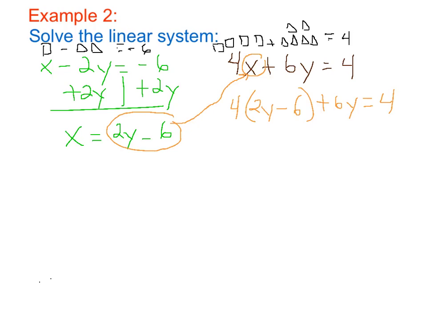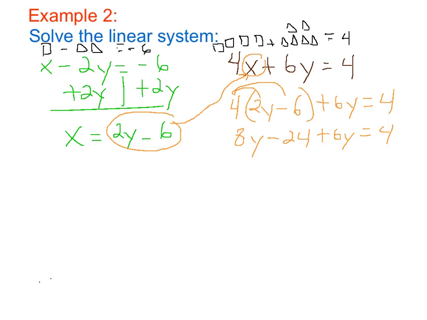And I'm going to simplify this. Got to get rid of the parentheses, so distribute that. 4 times 2y is 8y. 4 times negative 6 is negative 24. Everything else staying the same, just bringing that down. Equals 4.